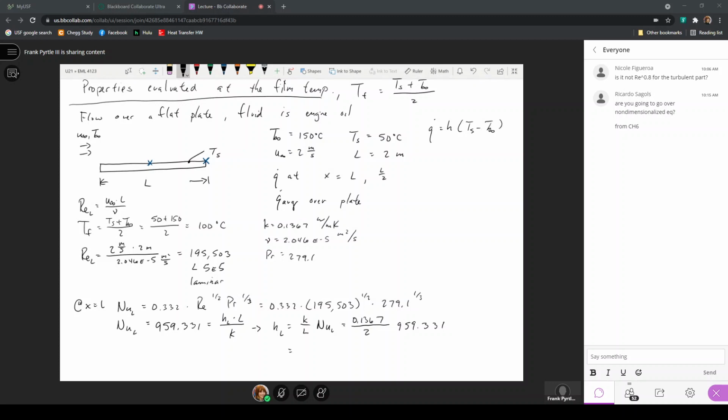So times 0.1367 divided by 2 here. And so the heat transfer coefficient at the trailing edge of the plate is 65.57 watts per meter squared Kelvin.